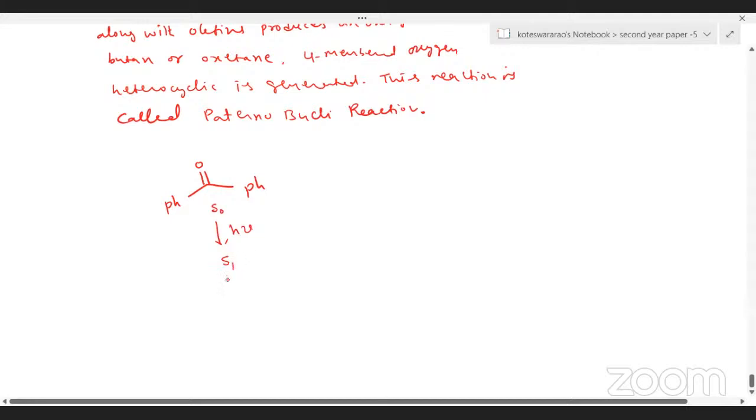This singlet state undergoes intersystem crossing. That leads to the formation of the benzophenone triplet state energy, which is an n to pi star transition.